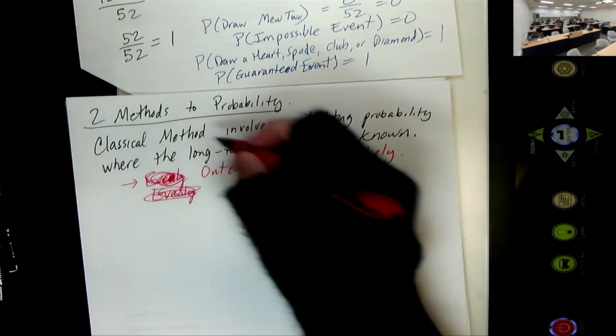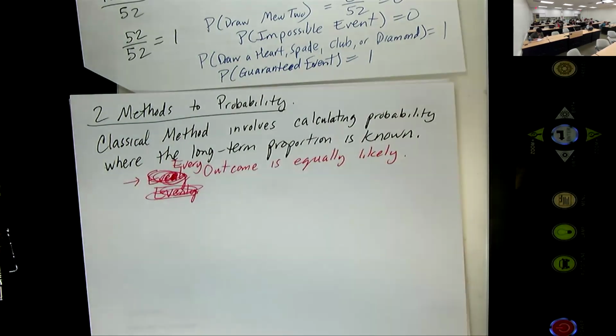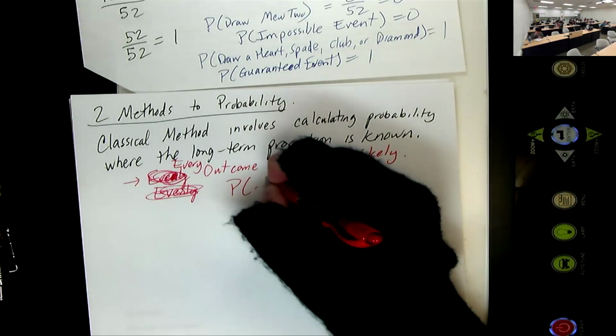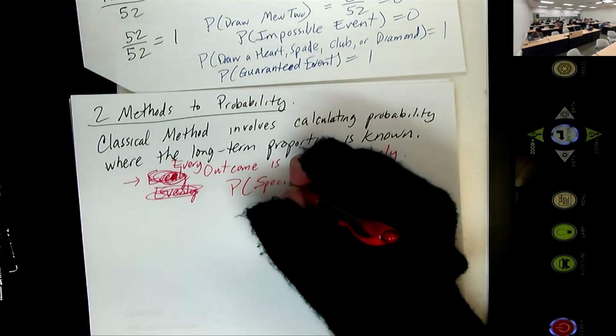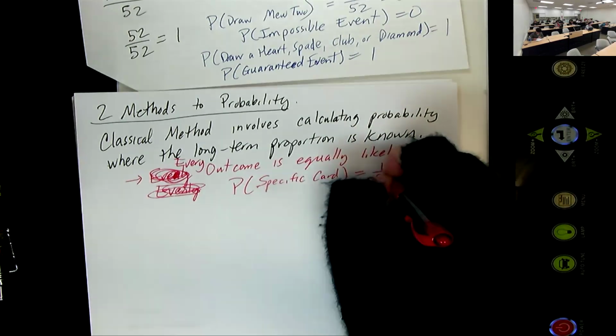The probability of drawing a specific card is 1 out of 52.